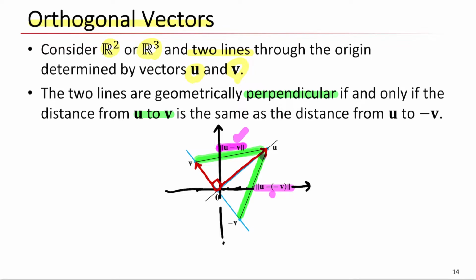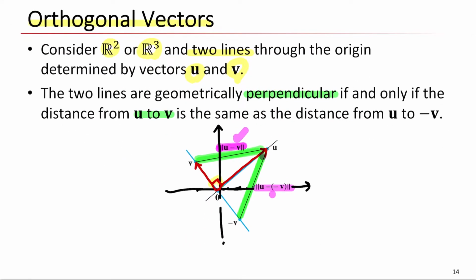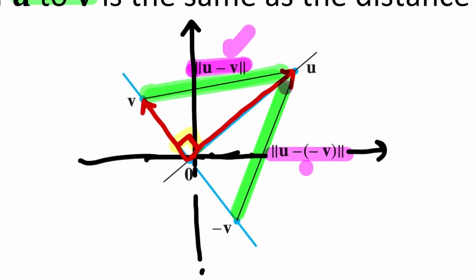So what are orthogonal vectors? As you can see here, if there are two vectors u and v, and those two vectors are perpendicular, like this one, these two vectors are called orthogonal vectors. As you can see here, this green line and this one have the same length in case vector u and vector v are orthogonal.